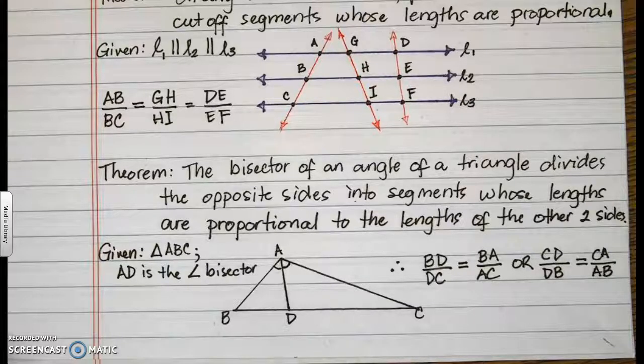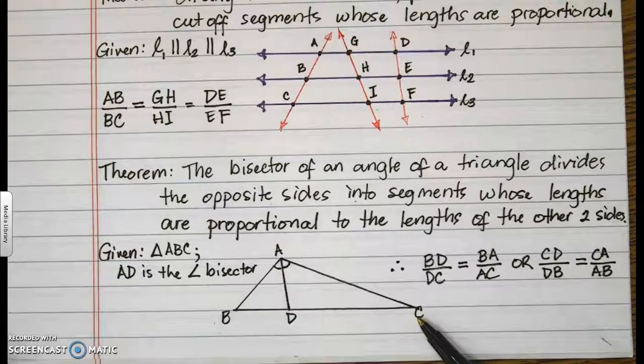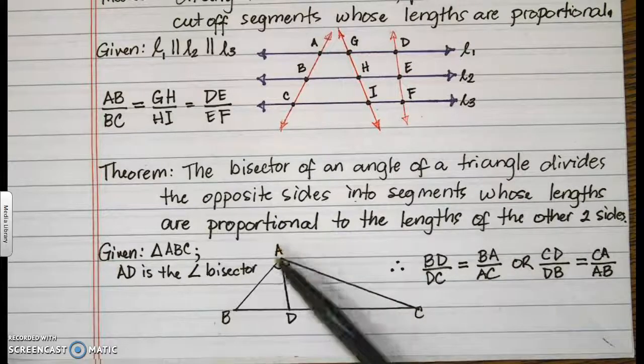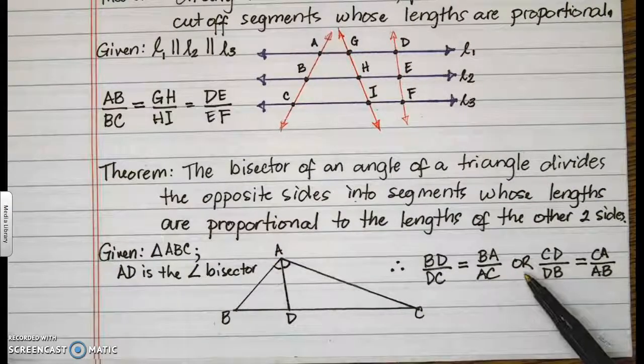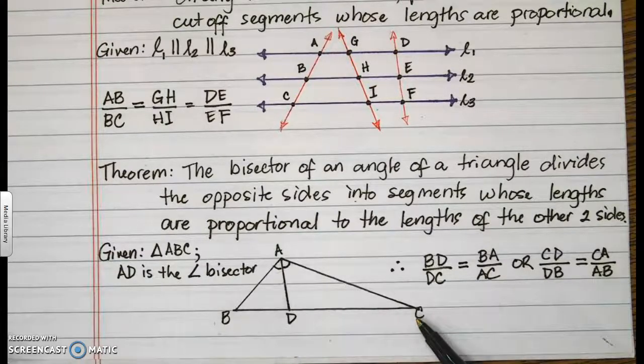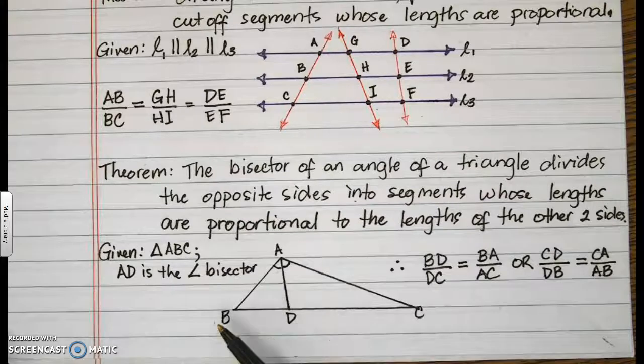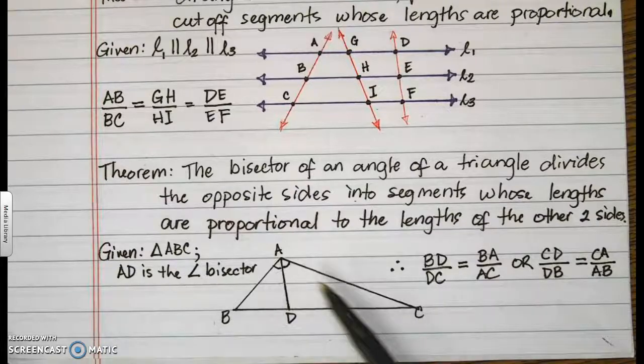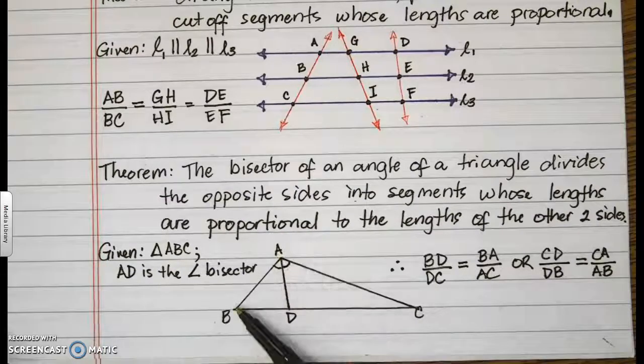We are given triangle ABC and AD is the angle bisector for angle A. So this means that BD over DC is equal to BA over AC. But it's also the same when I start this way: CD over DB is also equal to CA over AB. So those are going to be proportional.